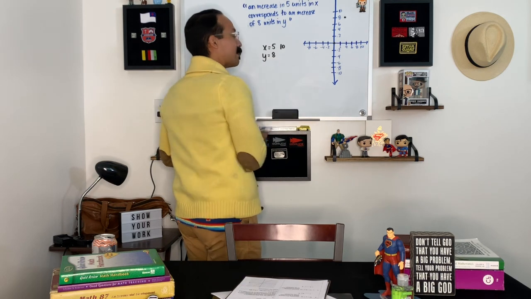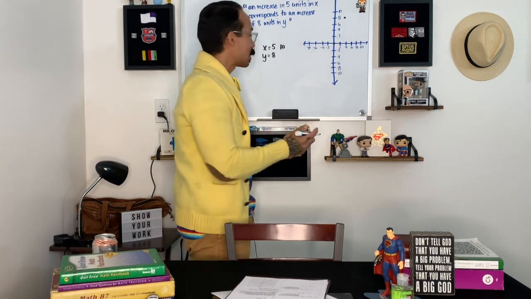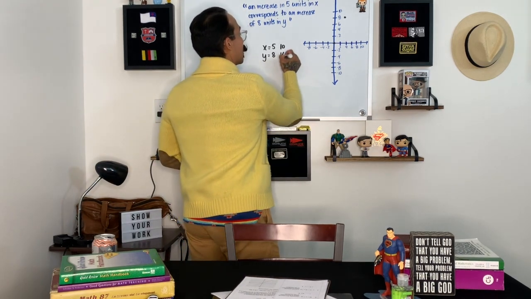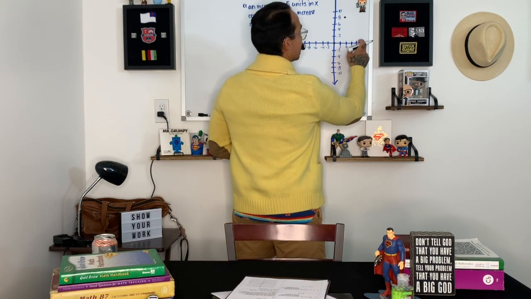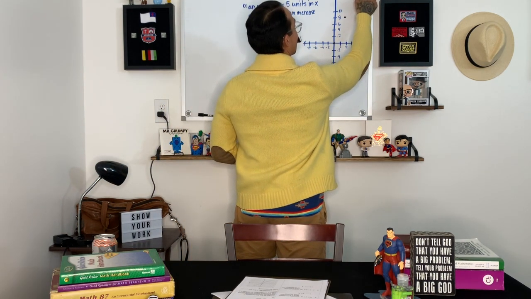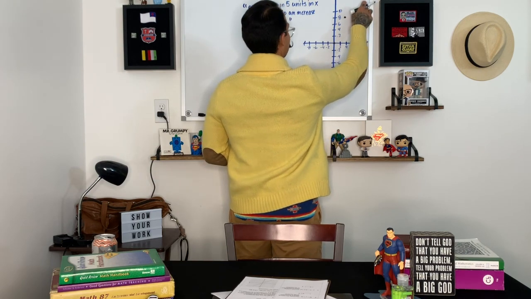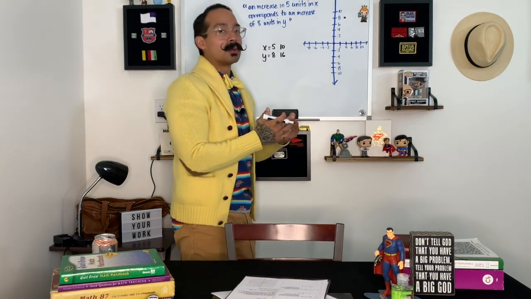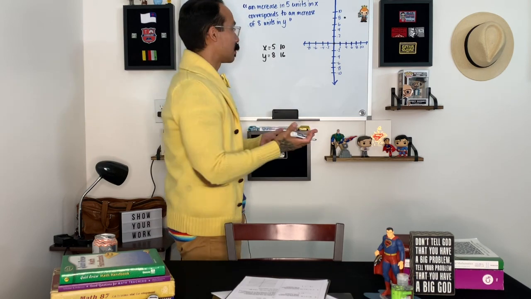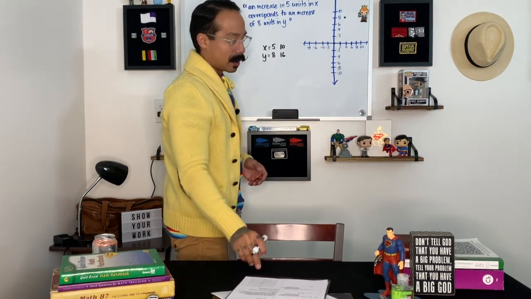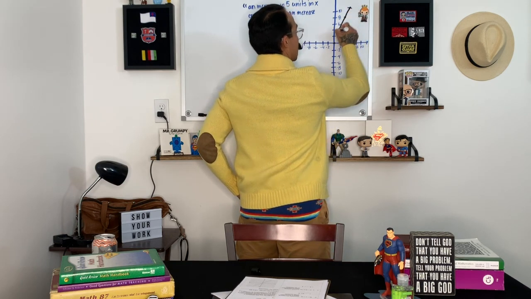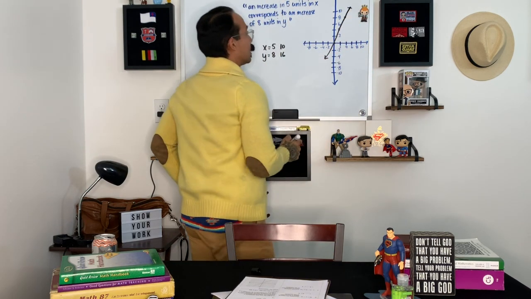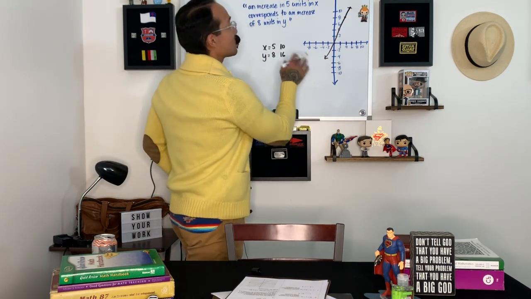So what would my y value be there? That's right, it would be 16. So my next ordered pair would be 10, 16. It would be 10 and somewhere way up there. But as we know, we only need 2 points in order to be able to graph. So I can take a straight edge at this point and just go ahead and graph that line. So I've got the graph done.